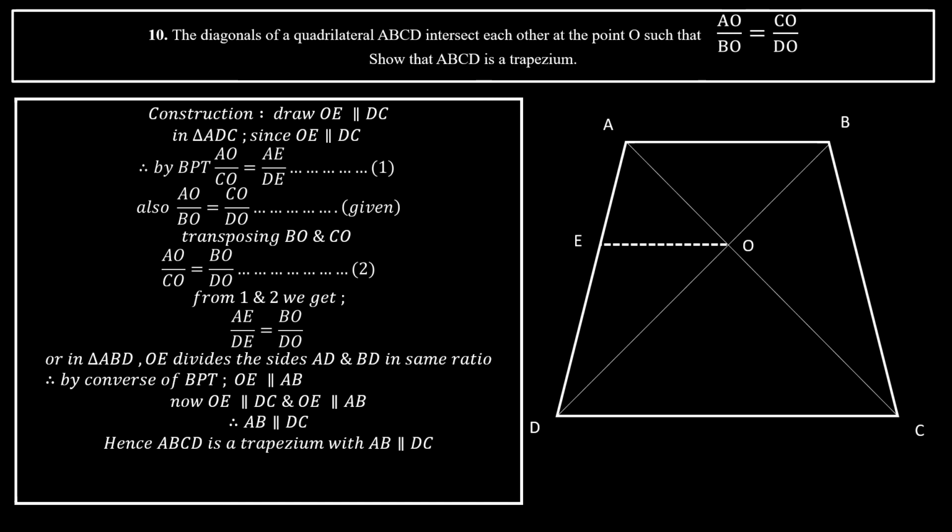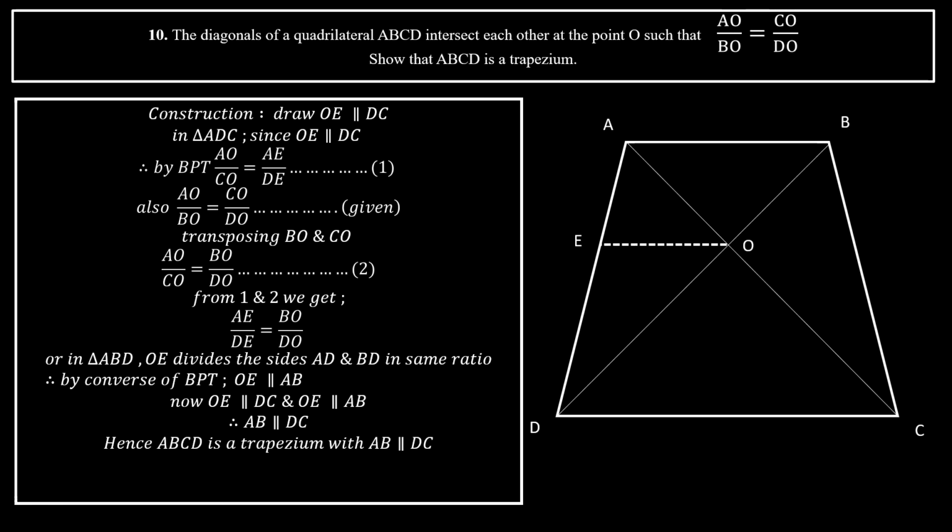So this concludes our exercise 6.2 based on the basic proportionality theorem. Next in line is the criteria for similarity and questions based on similarity criteria, right? So we'll use this basic proportionality theorem to prove the criteria first, then do the questions.